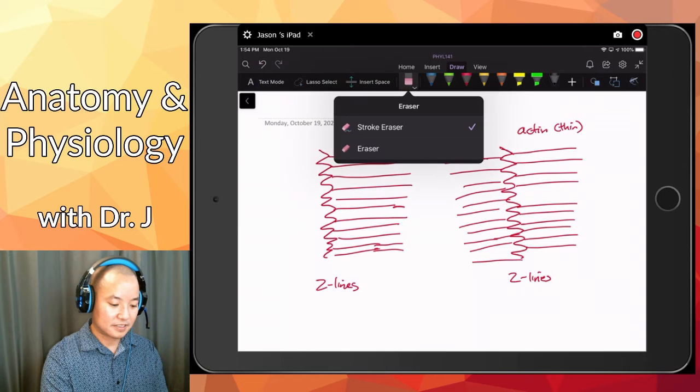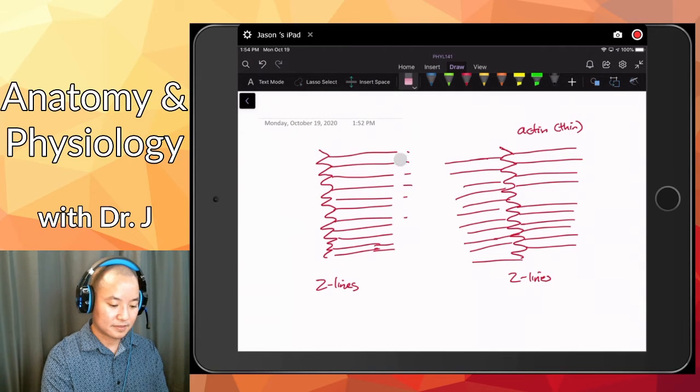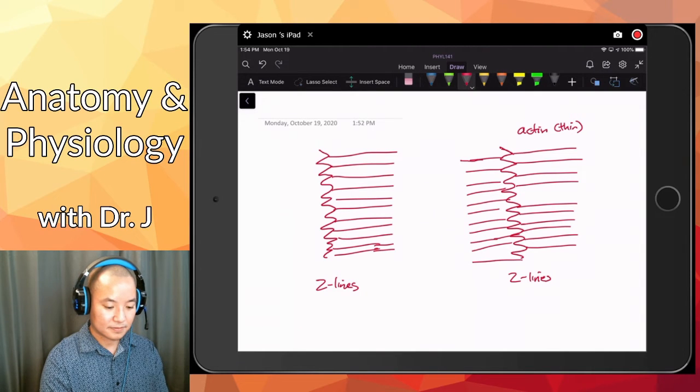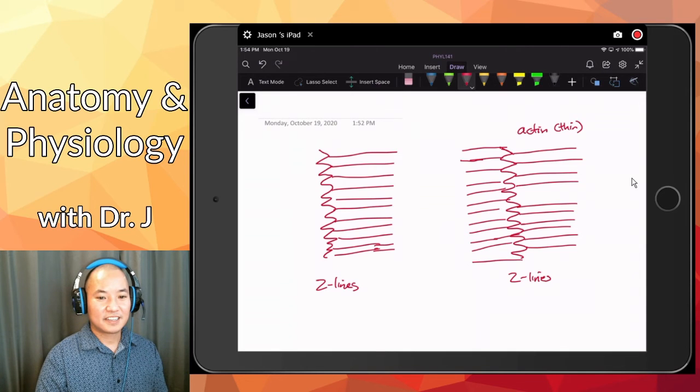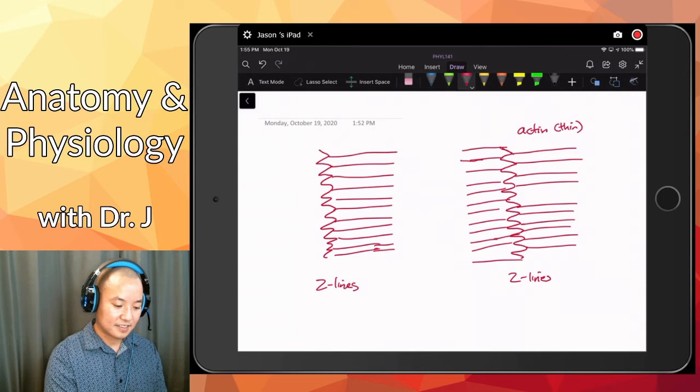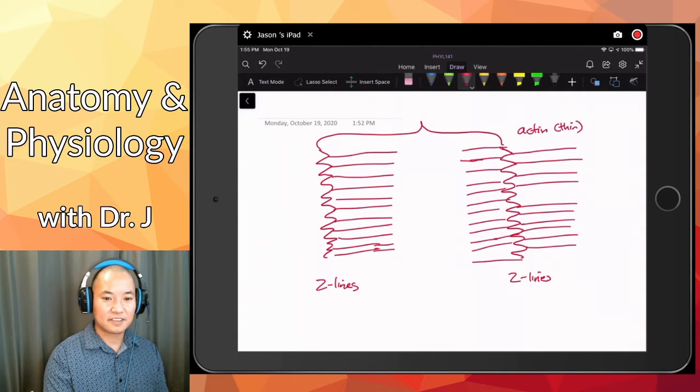And let me neaten this up a bit. So I call them Z lines, and not only are Z lines important because they anchor all the actin filaments, they also form the border of a sarcomere.